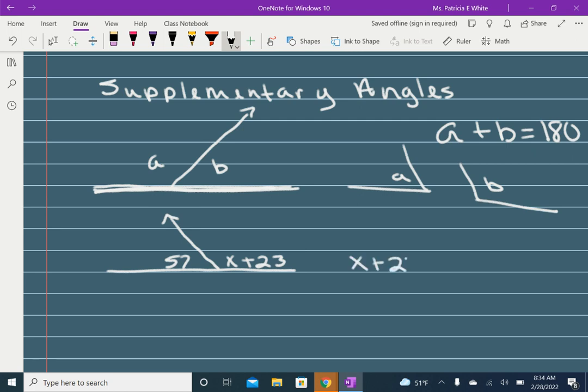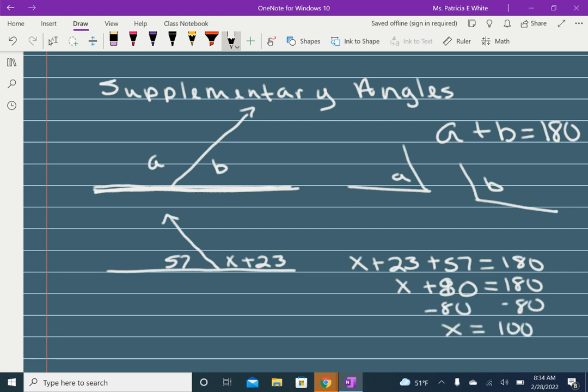X plus 23 plus 57 equals 180. X plus 20 and 50 is 70. 3 and 7 is 10, so 70 and 10 is 80. So minus that 80, and x equals 100. Okay?